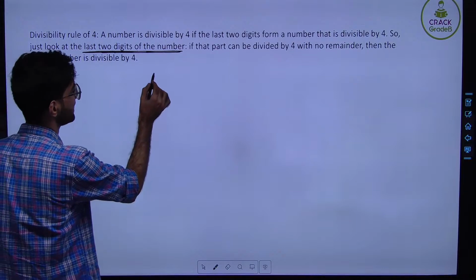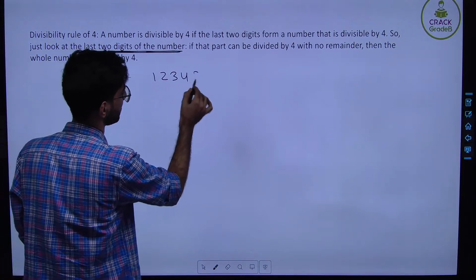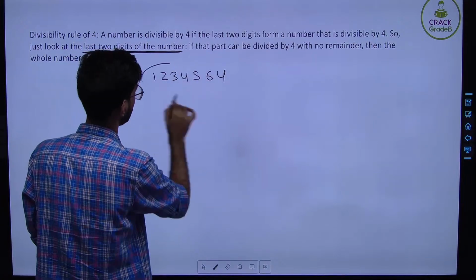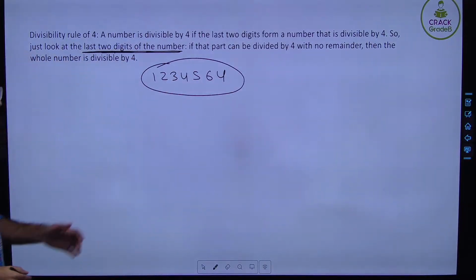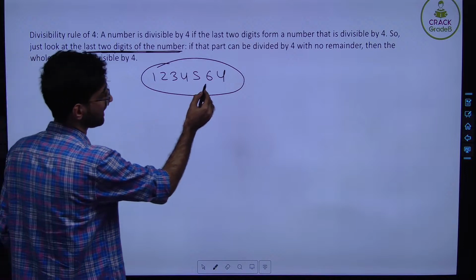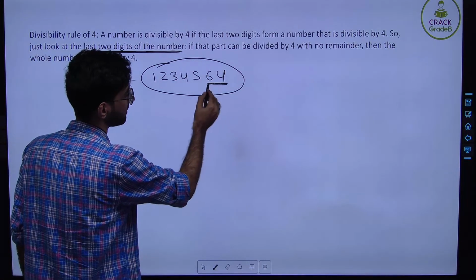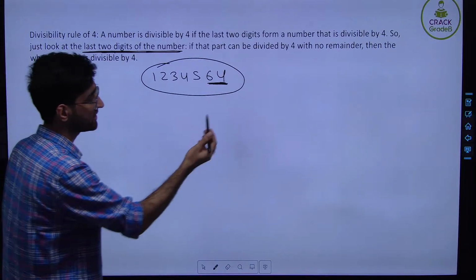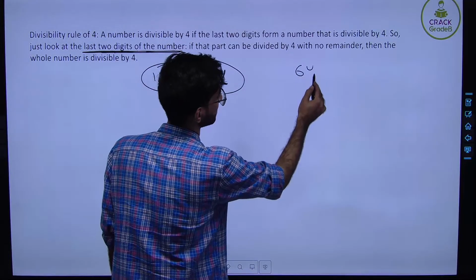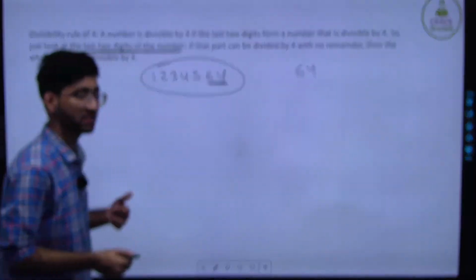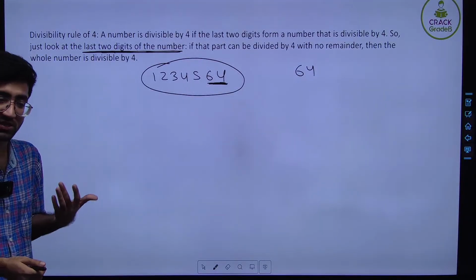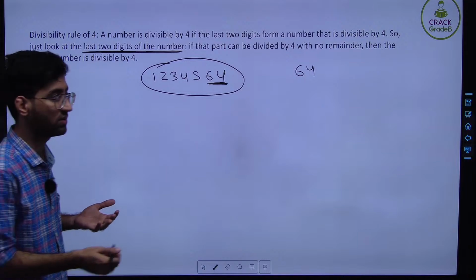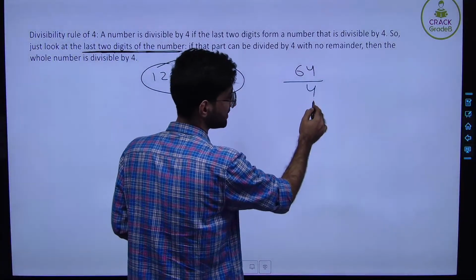Suppose I take a random example, 1, 2, 3, 4, 5, 6, 4. If I ask you whether this number is divisible by 4, what will you do? You only have to look at the last 2 digits. What are the last 2 digits? 64. Now we should think, is 64 divisible by 4? Yes, this is divisible by 4.